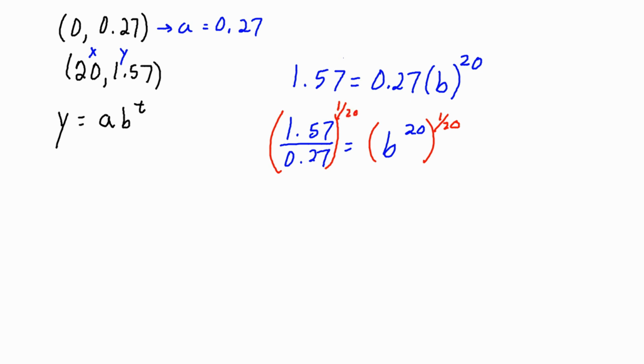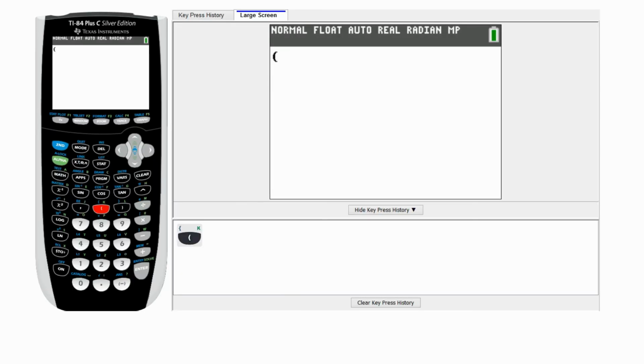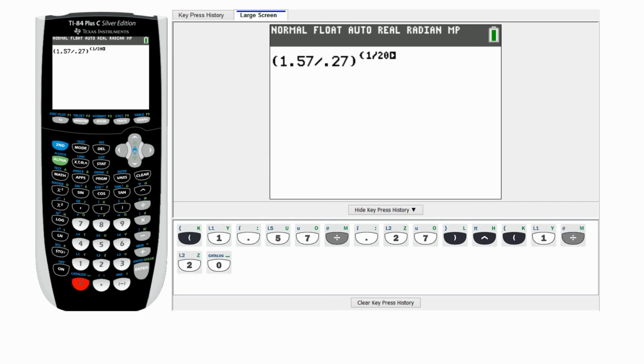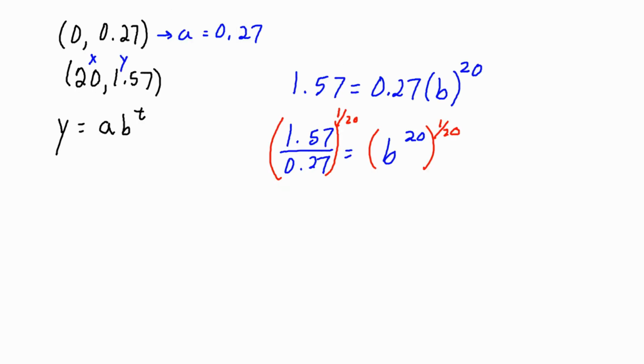Now I'm ready to calculate. 1.57 divided by 0.27 in parentheses to the exponent of parenthesis 1 divided by 20. And we get 1.092.